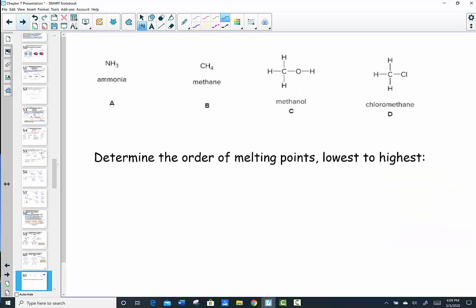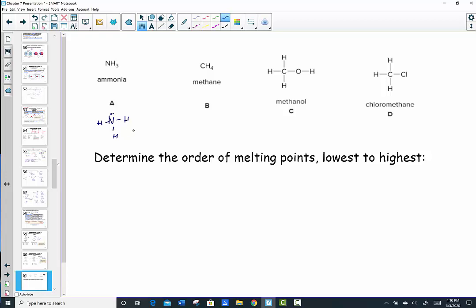Determine the order of the melting points. What would these look like from lowest to highest? We have ammonia, methane, methanol, and chloromethane. Remember ammonia? We just drew it a little bit ago. It had a set of electron dots on that nitrogen, right? Nitrogen, group 5A, so 3 bonds and 1 set of dots.